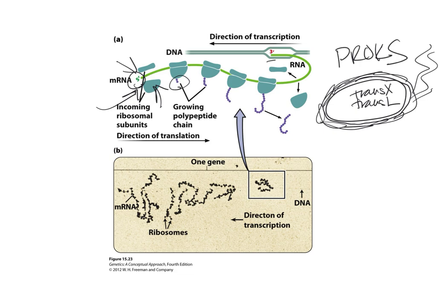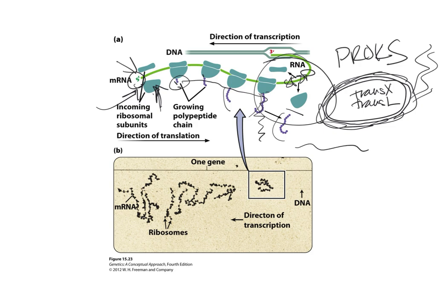This guy's jumping on, this guy's been on longer. So the longer, and then at some point, this must have been what? Stop codon, right? And then it blasts that whole thing apart. So if you're looking at it, you can see the peptides get longer and longer.